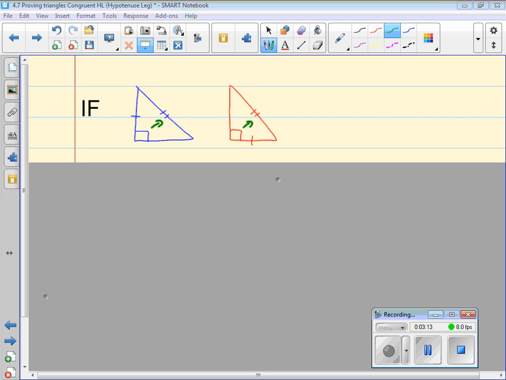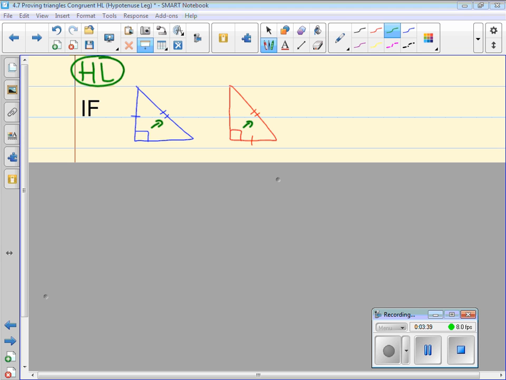See, what we find out is that what we just said was the HL, that is hypotenuse leg, is a shortcut. I have in the blue a triangle, and in the red another triangle, both right triangles. It's very important. Let's start with the fact that they have to be right triangles. And then if you take a look, the hypotenuses are congruent and a pair of legs are congruent. Now I made the legs not in the same spot because it's really important for you to understand it doesn't have to be in the same spot.